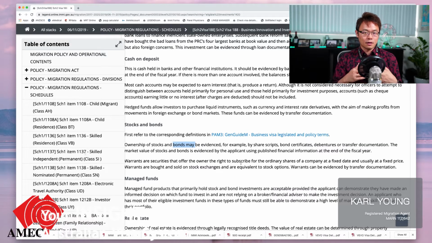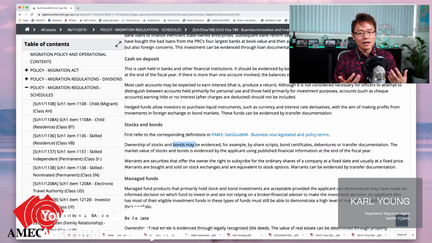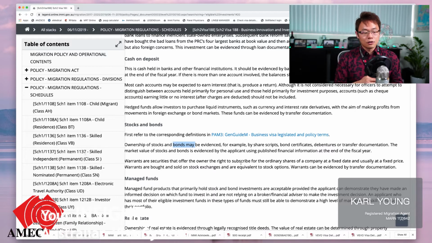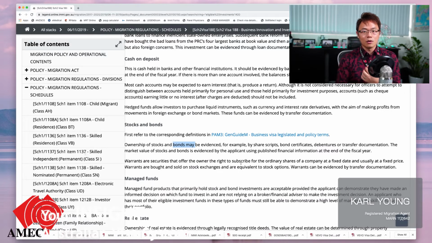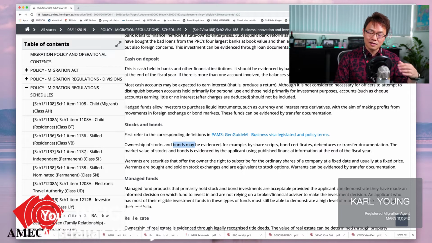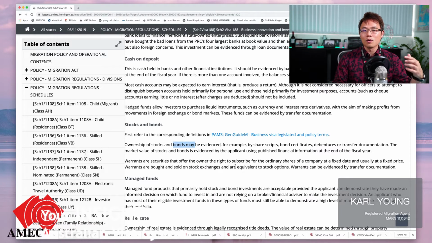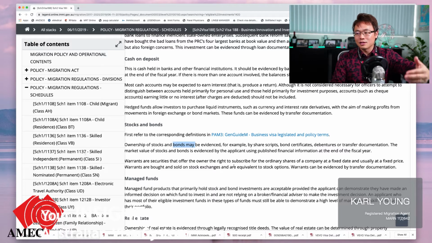Even if you have a financial advisor, which is a good thing to have, ensure that you go through the selection and comparison criteria, or have those documents ready, so we can submit them to immigration to show that it is still under your own direct involvement and making your own decision.